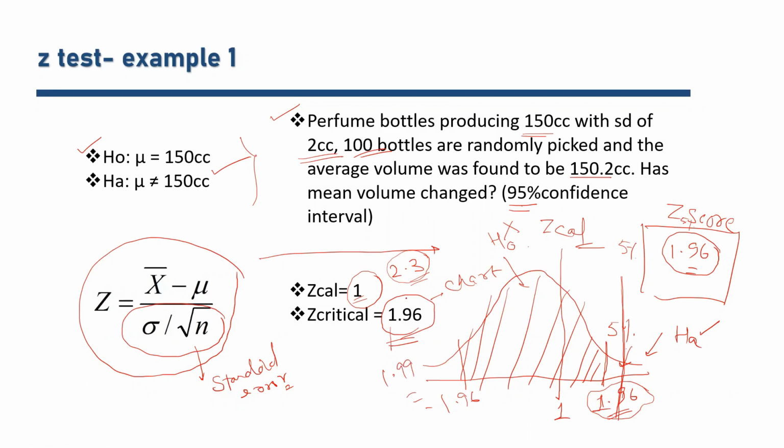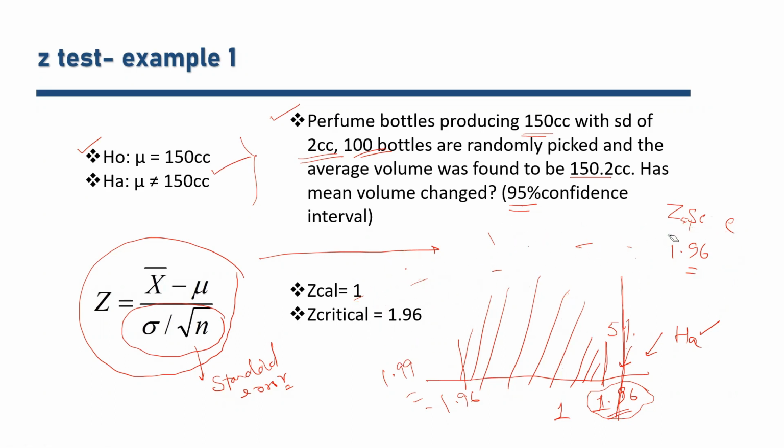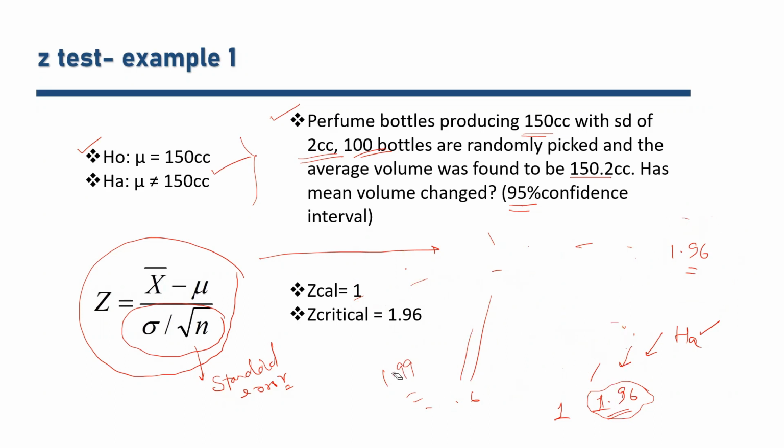So Z critical, I'll just quickly erase this. Z critical is related to your confidence level or interval, and this is calculated using the chart.